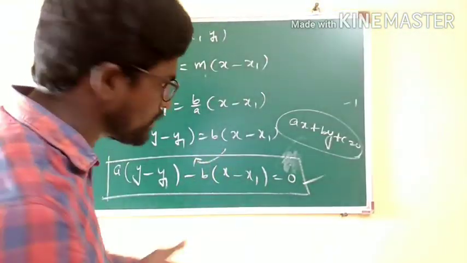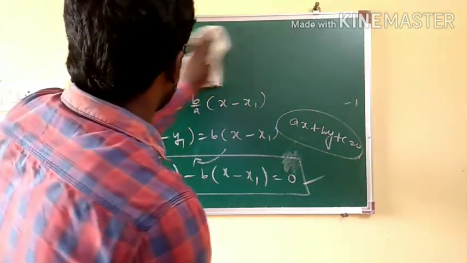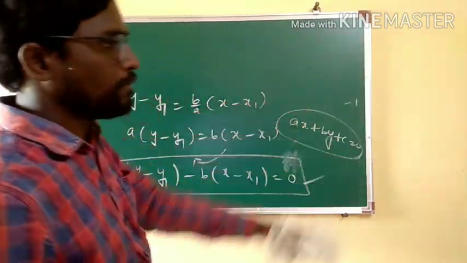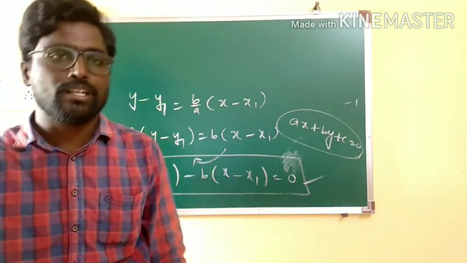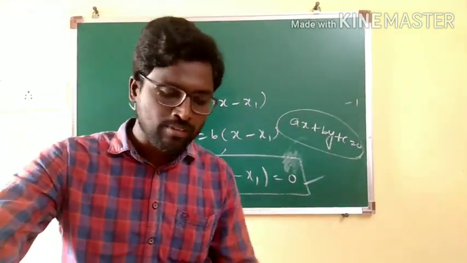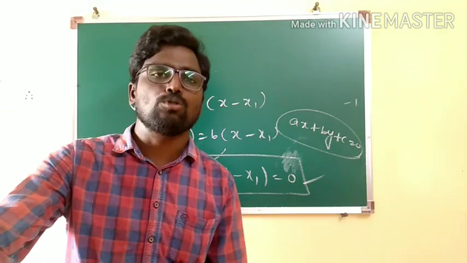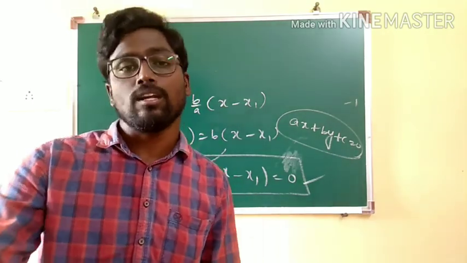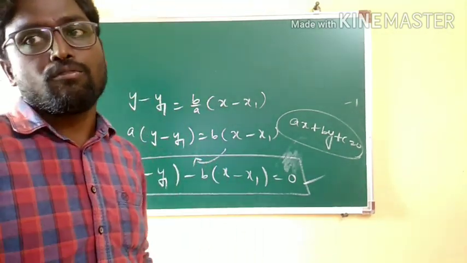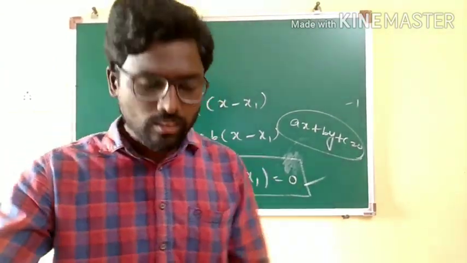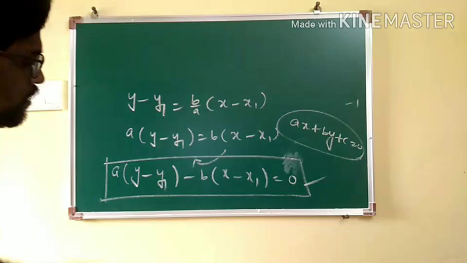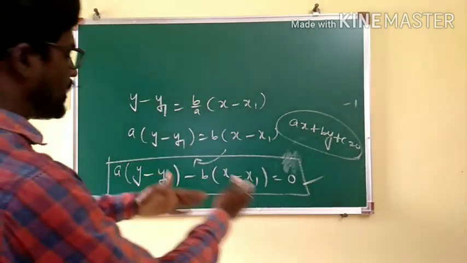So if we further simplify it, what shall we get, as we did in the previous case? In the previous case, after getting a into x minus x1 plus b into y minus y1, we simplified further and came to know that two parallel lines differ by only constants, such as if one line is ax plus by plus c1 equal to 0, the other line will be ax plus by plus c2 equal to 0. Similarly, we will go ahead in this case also.